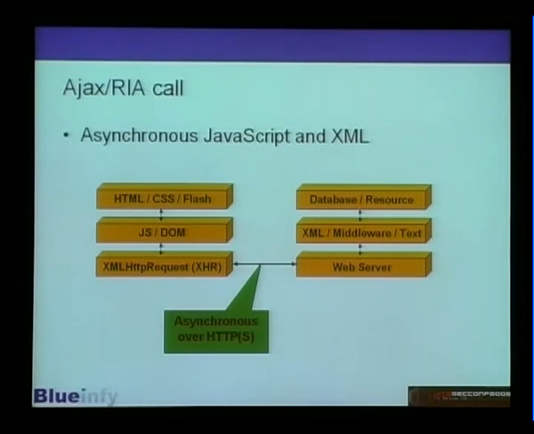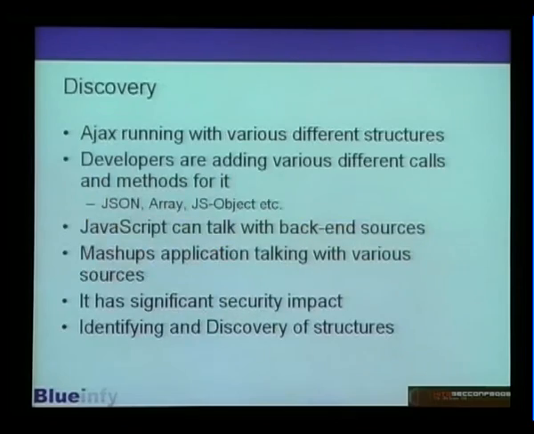Once I'm done with that, the next thing I'm interested in is what kind of AJAX call you are making, because that is the most critical point. You use HTML and CSS, it goes to the JS DOM, then to the XMLHttpRequest, the XHR object, and then you make an asynchronous call over HTTPS that hits your web server and goes to the XML pipe and data source.